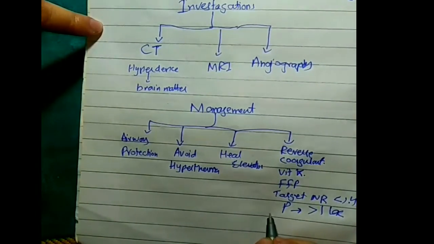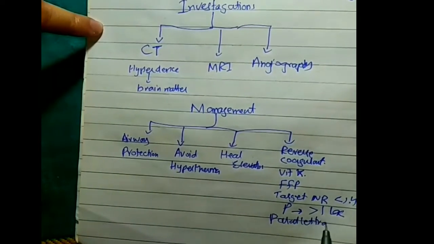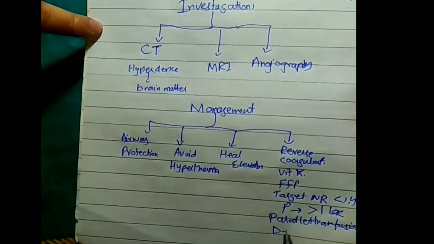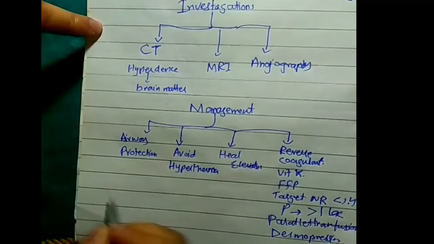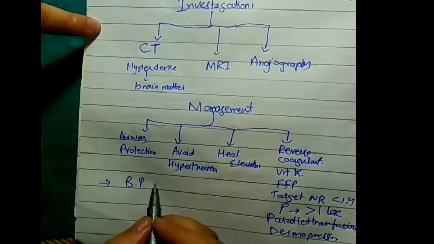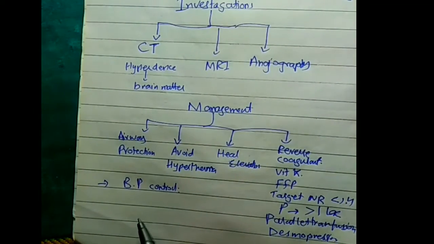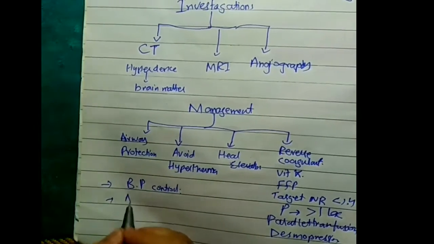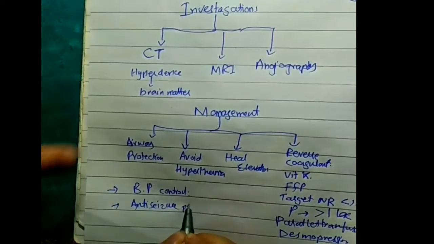We will give platelet transfusion and also desmopressin. We will control the blood pressure of the patient if the cause is hypertension, and we will give anti-seizure prophylaxis.